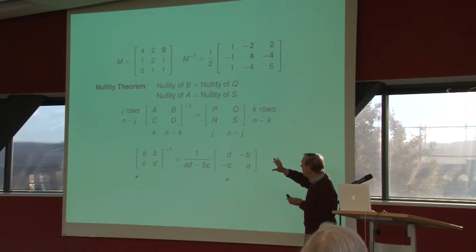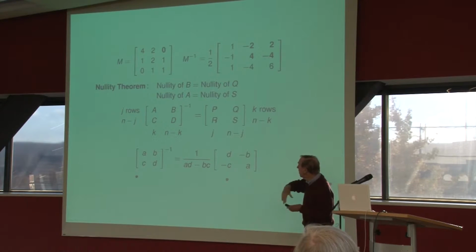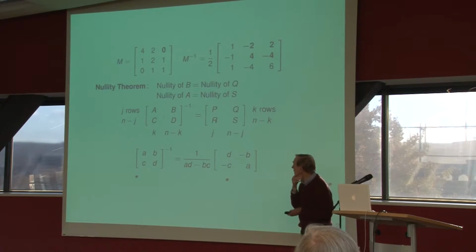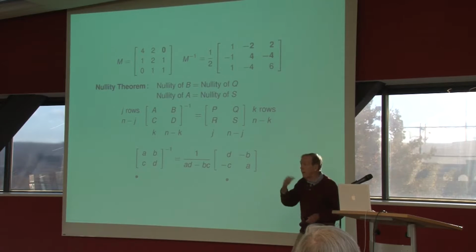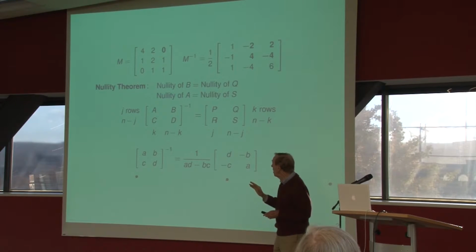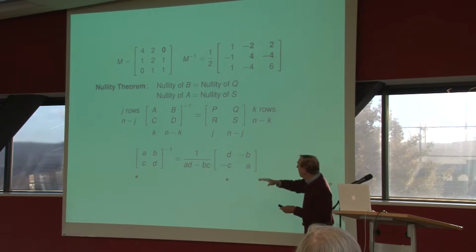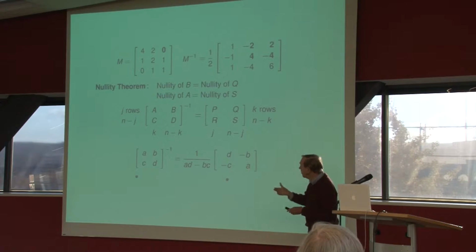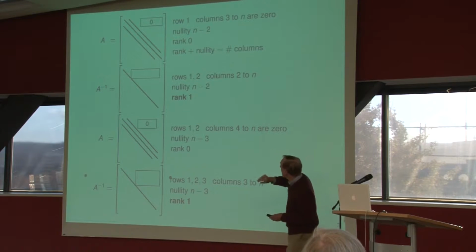But it's a neat fact for invertible square matrices of all sizes. So I'd like to show how that theorem leads to this fact about the inverse of tridiagonal matrices.